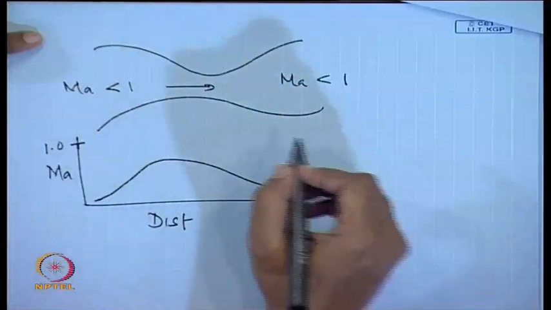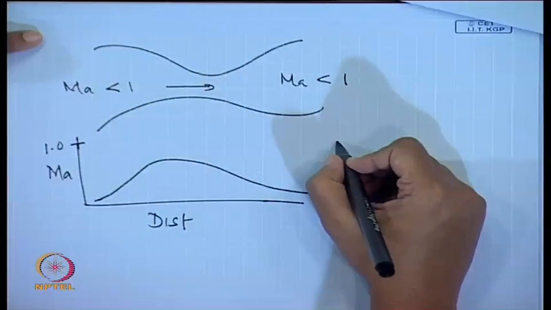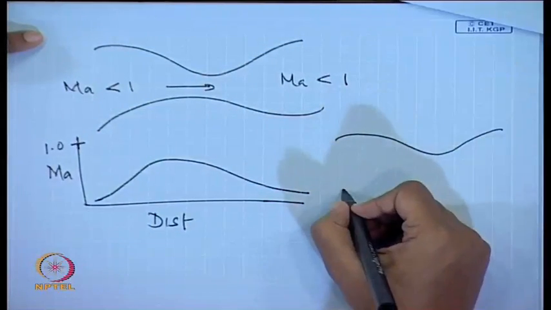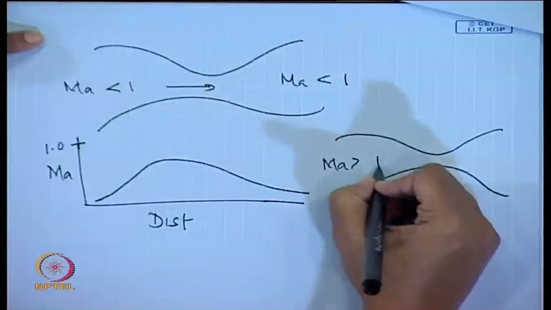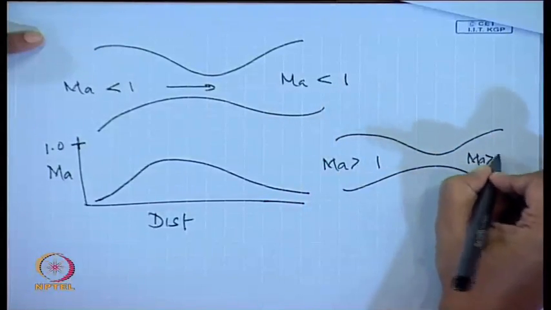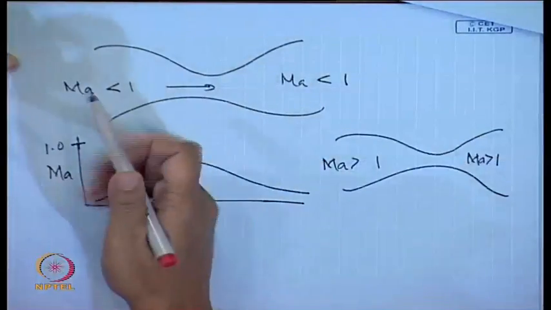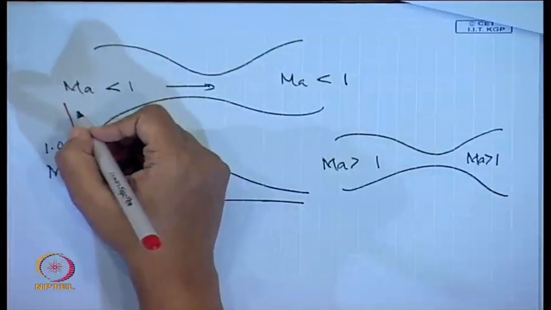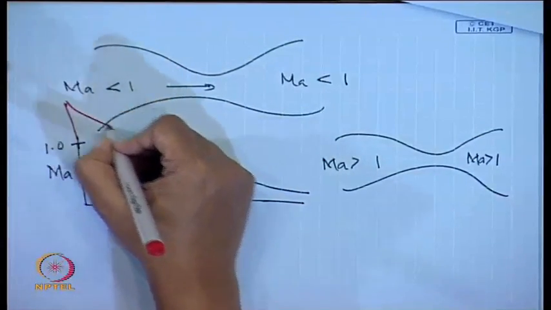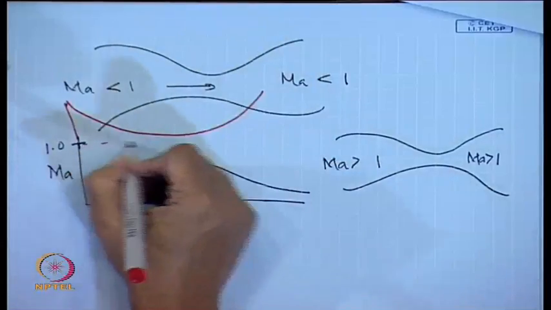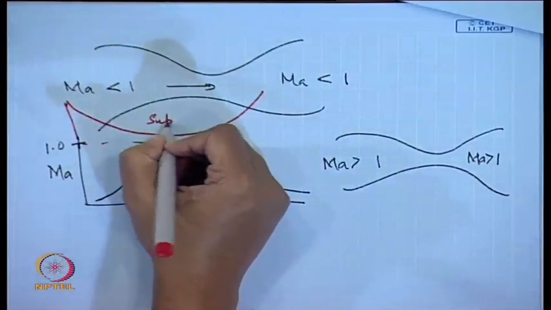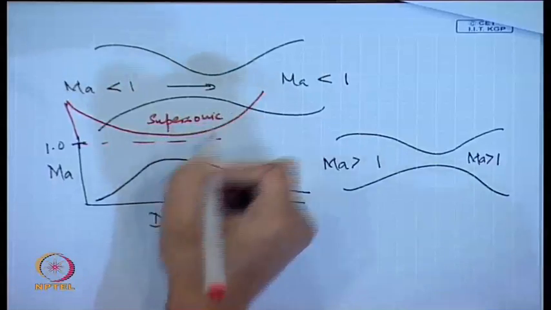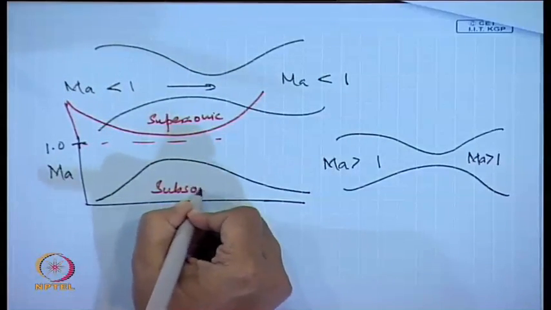Okay. We can also have a situation where Mach number is greater than 1 throughout the case, or in other words, something of that sort. It never comes down, the flow is supersonic throughout, and in this particular case it is subsonic throughout.